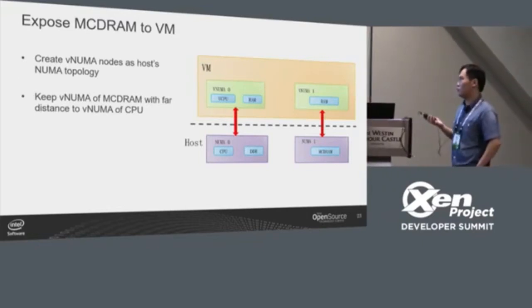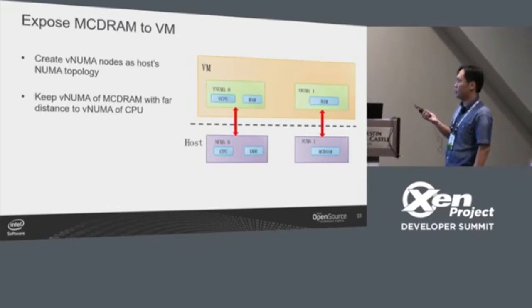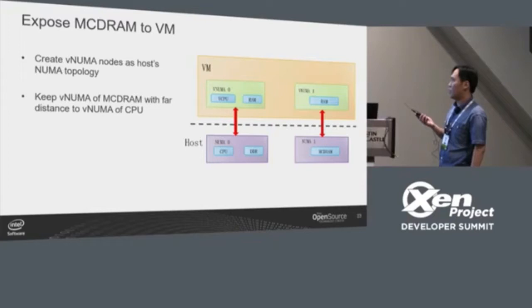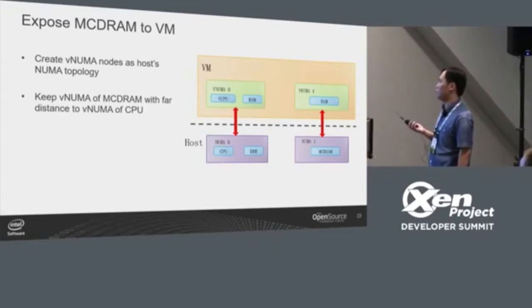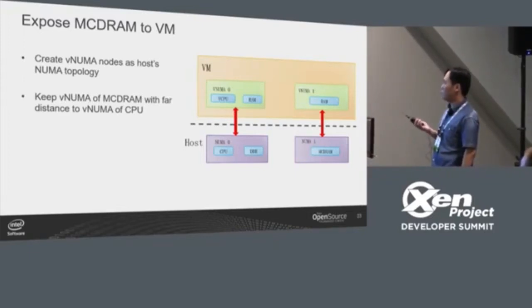The second one is the MCDRAM. We need to expose the high bandwidth memory to the VM. We should create virtual NUMA nodes following the host NUMA topology. One is for the virtual CPUs and the DDR memory. The other one is for the MCDRAM.